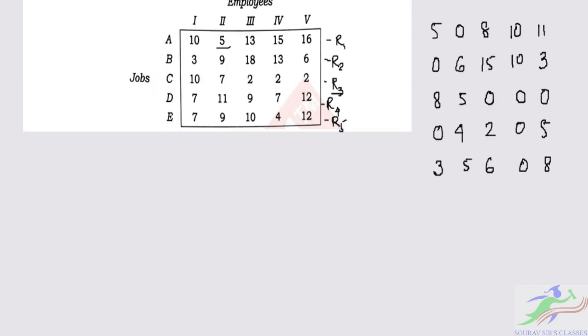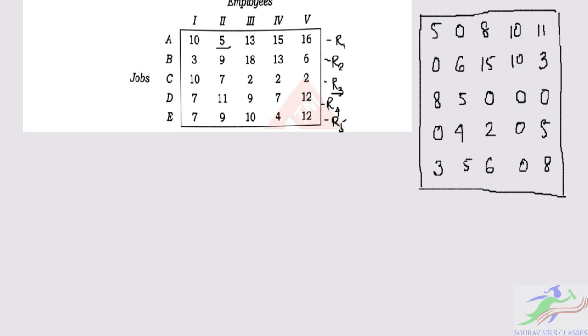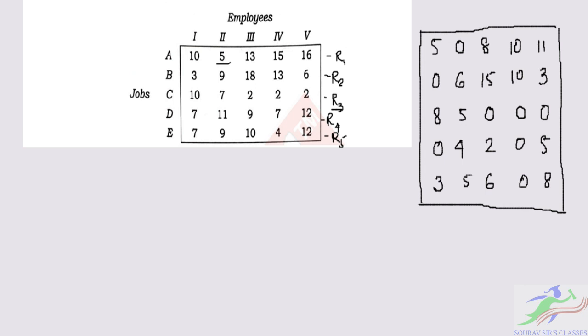Now this is what we have after subtracting the row minimums. In the second step we will subtract the minimum element of each column. So column 1, column 2, column 3, column 4, column 5.